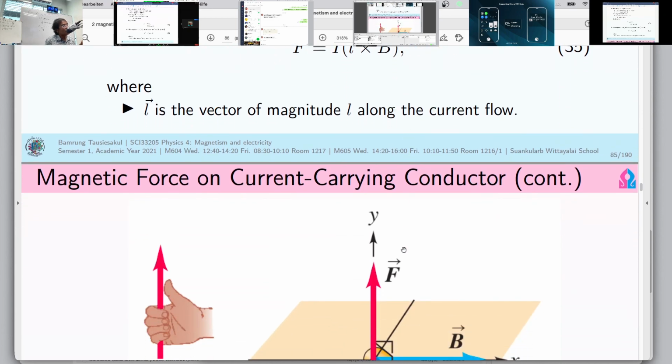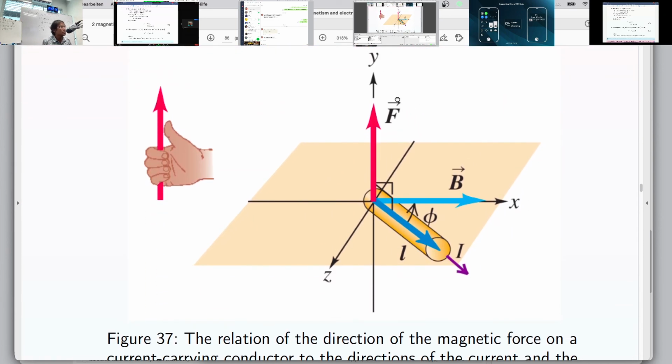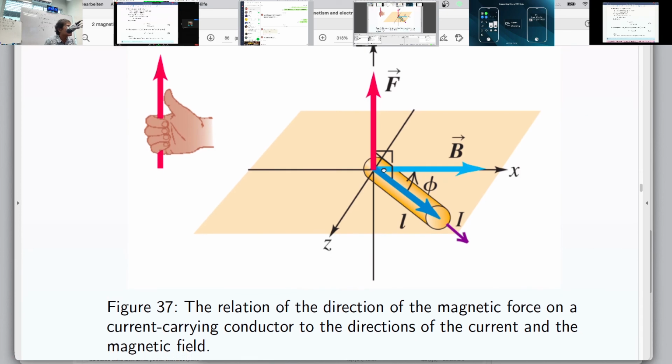Now let's take a look at this figure. We would be able to compute the direction of the force induced in this case.